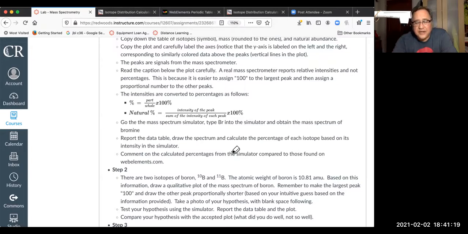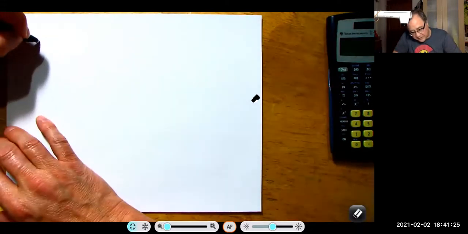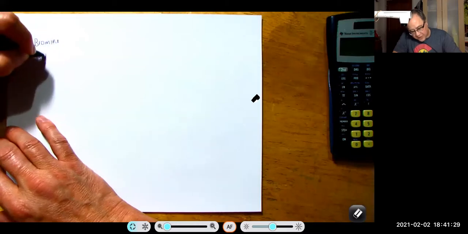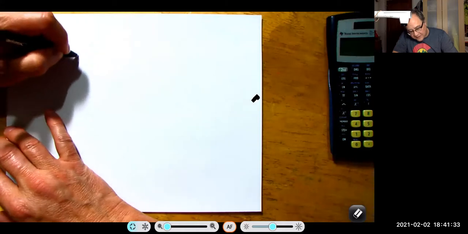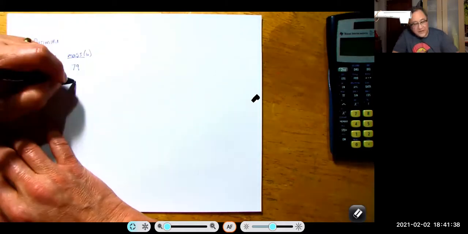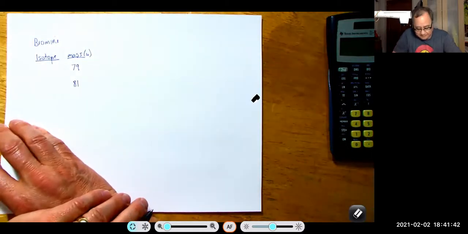Okay, so when you go to that simulator, here's what the table looks like for bromine. You have 2 isotopes. One has a mass of 79. The other has a mass of 81, and that's straight from the simulator.